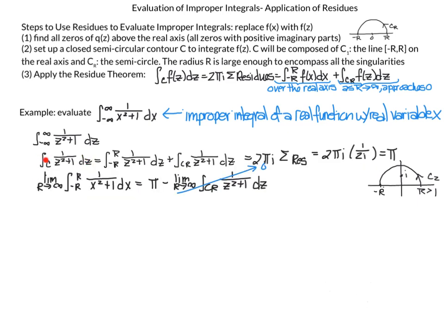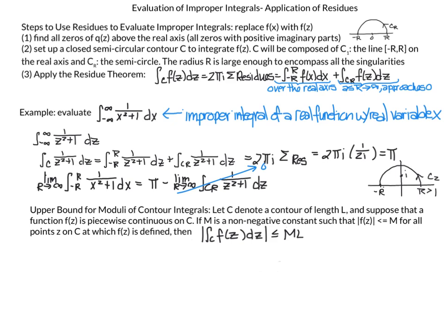Our closed curve integral equals the integral over the real number line plus the upper half semicircle, and because it's a closed curve, it is equal to 2 pi i times the residue, which is 2 pi i times 1 over 2i, equal to pi. And then again, the step I wanted to show is that the integral over the semicircle approaches 0 as r approaches infinity.